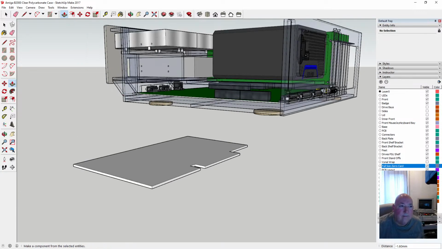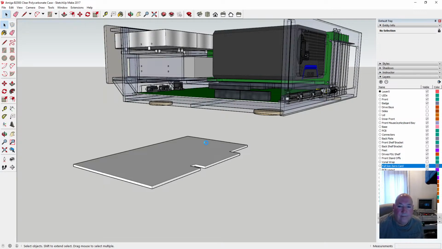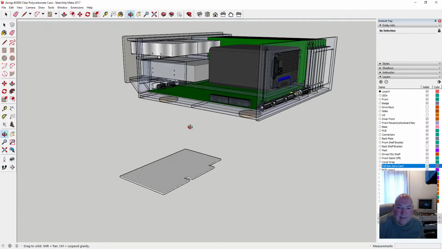Okay, so we've got what looks like a card. So we've got that. Right, now the connector needs to be dropped back a touch.